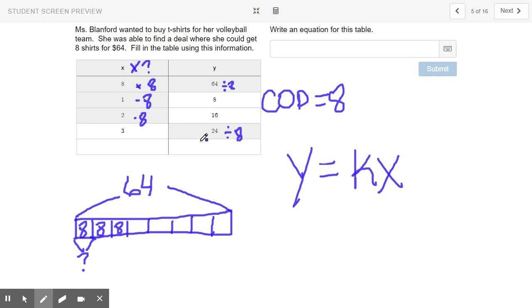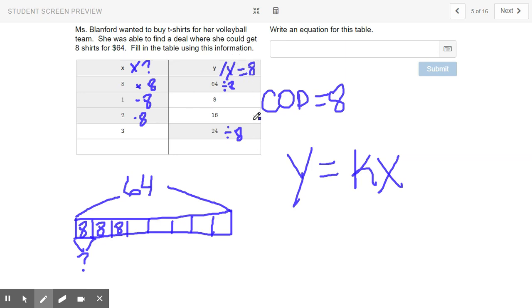The last task was to write an equation. I know this is proportional because it has a constant of proportionality, right? We're multiplying all of X by the same thing. So when we divide Y divided by X, we always get 8.